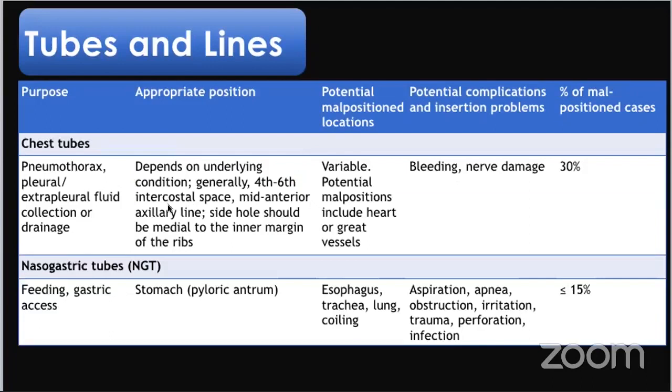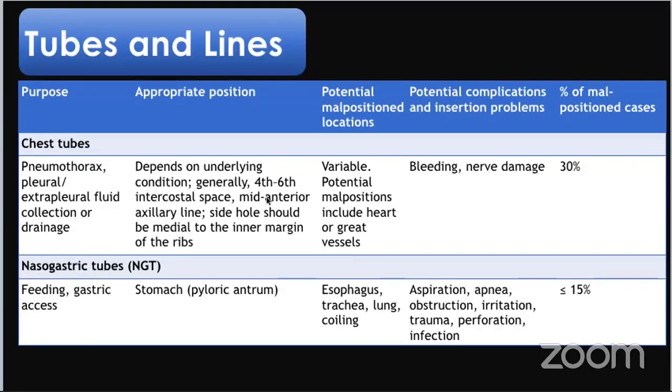The next one is the chest tubes. We use chest tubes for pneumothorax, or if there is any pleural or extrapleural fluid or collections. The appropriate position of the chest tube is the 4th to 6th intercostal space in the mid anterior axillary line.